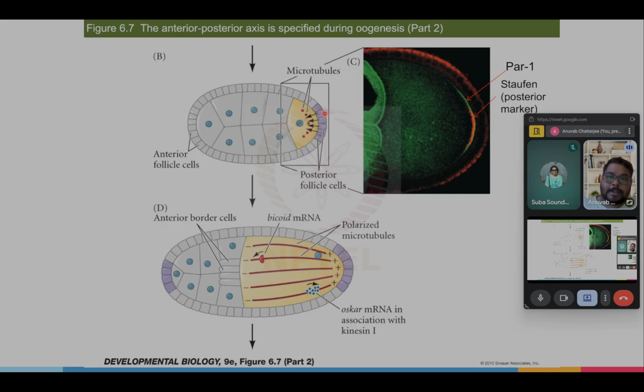Gurken is attached to terminal follicle cells, and these cells have now differentiated. Now once they are differentiated, these cells actually send back a signal to the oocyte. This signal causes formation of polarized microtubules. So it causes positive ended microtubules to form here and negative end here. Microtubules are long structures, you can imagine them as ropes that travel all across the cell, and these are made by addition of more and more monomers to the already growing chain.